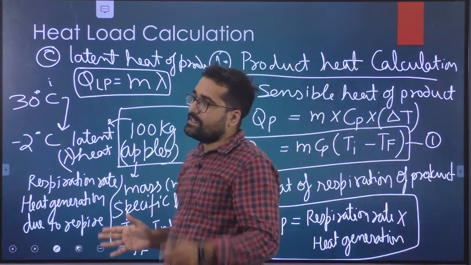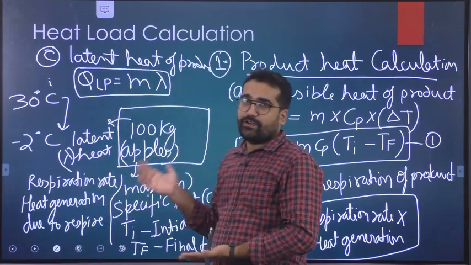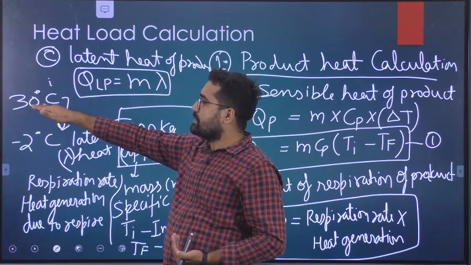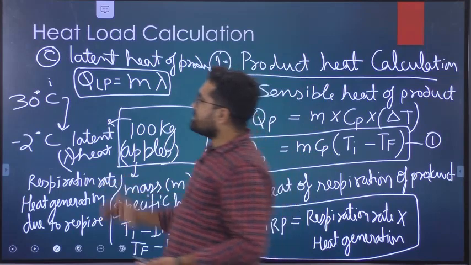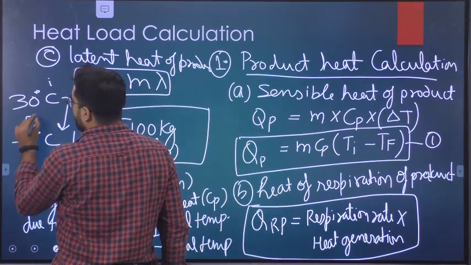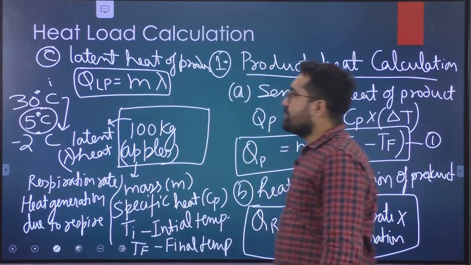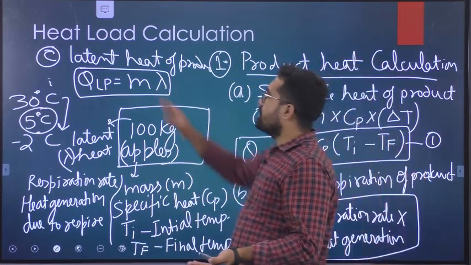These are the heats we have to take out from the system so that our apples will come to a temperature of minus 2 degrees Celsius. Sometimes they will ask us to keep it up to 5 degrees Celsius. At that time the freezing temperature of the product is not reached, so we don't have to calculate the latent heat.